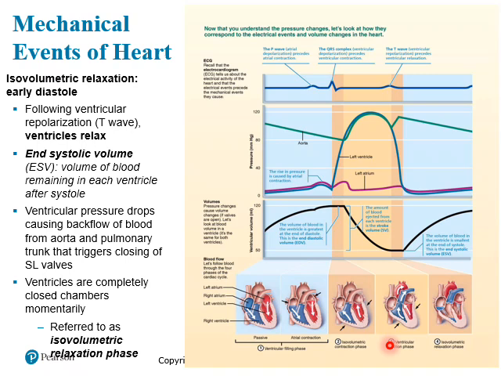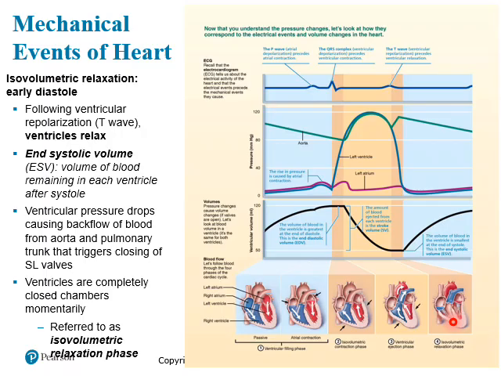The end systolic volume is the amount of blood in this area here, the amount of blood remaining in each ventricle after it has emptied itself into the big arteries, which means it is the volume of blood remaining in each ventricle after it has contracted.